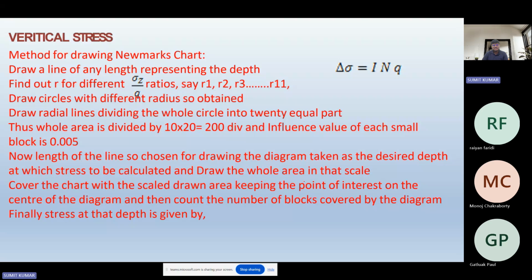Now the length of the line so chosen for drawing the diagram is taken as the desired depth at which the stress is to be calculated, and draw the whole area to that scale. Now cover the chart with the scaled drawn area, keeping the point of intersection at the center of the diagram, and then count the number of blocks covered by the diagram. Finally, the stress at that depth is given by delta sigma equal to I into n into q.